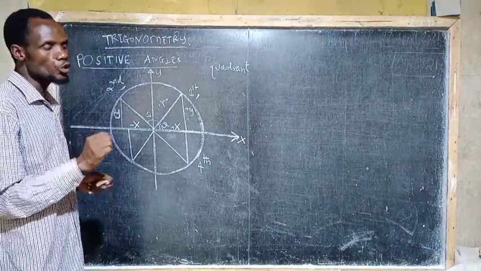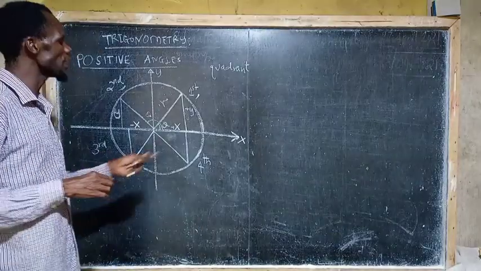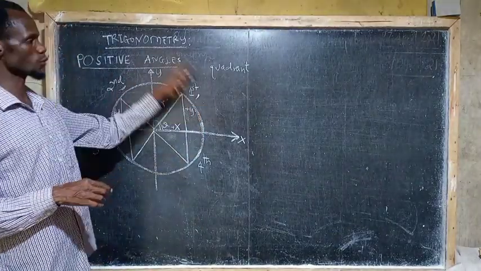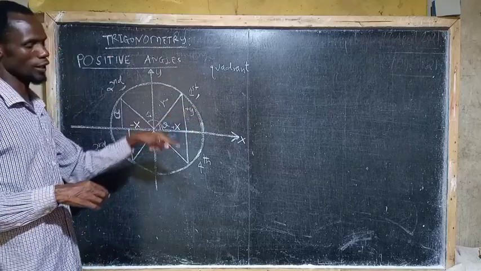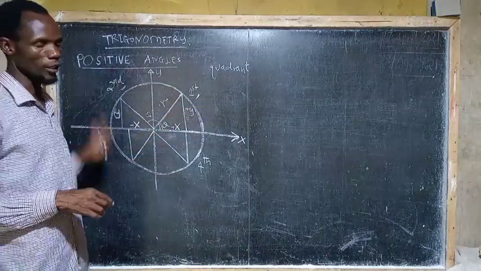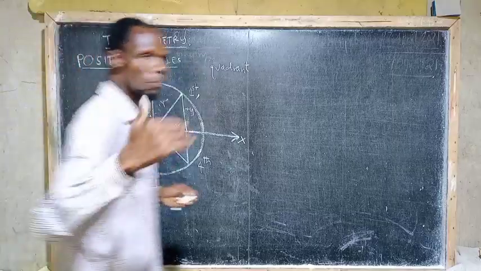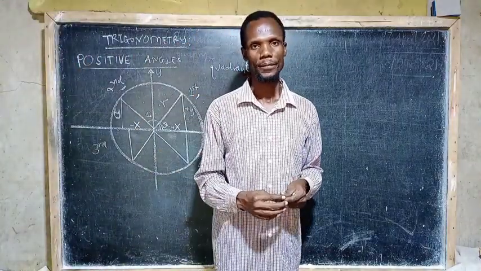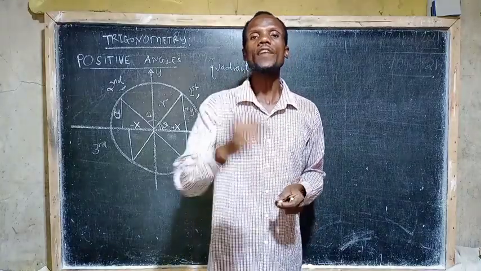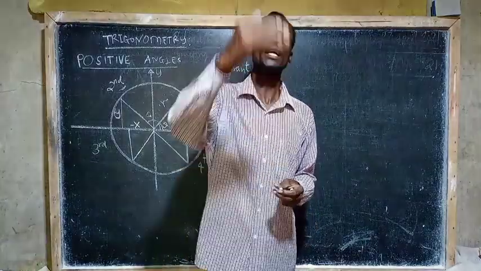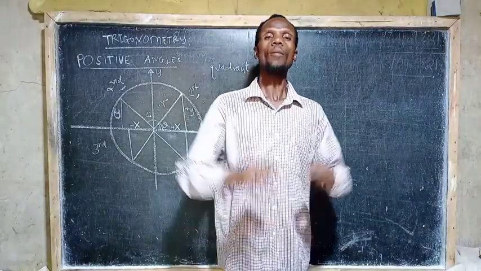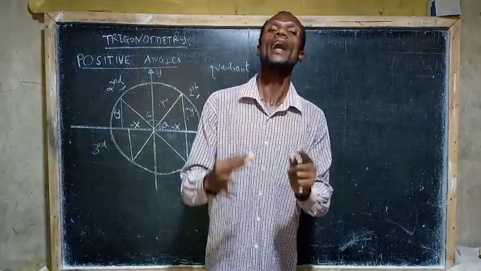The reason you should explain is, why is it measured from here going this way and not from here going this way, or from here going this way? If now you go back and get the reference about vectors, the direction of the vector is measured from east and clockwise.